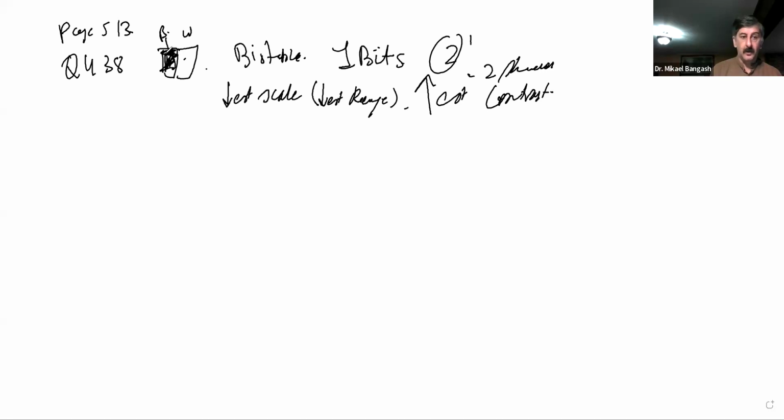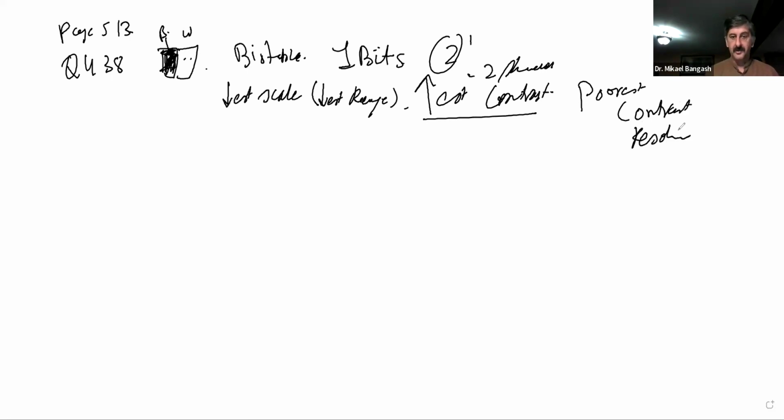And if we only use these two colors in an image, due to the greatest contrast, we're going to have the poorest contrast resolution. Why? Because only the dark colors of whatever we're scanning would be shown as black, and the light shades would be shown as white.